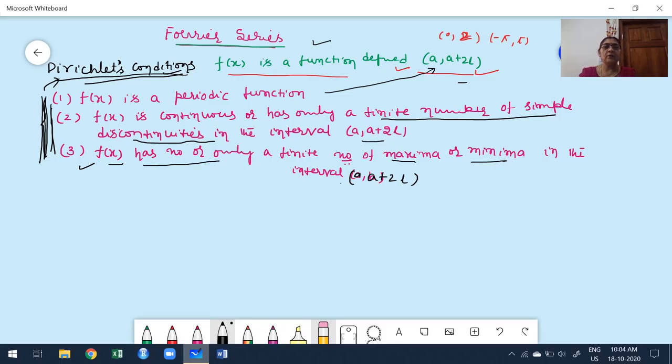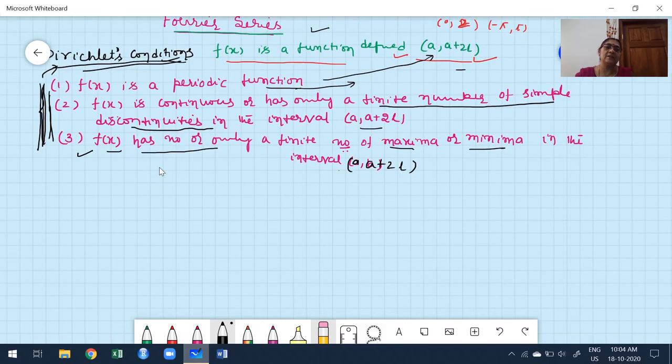I already told you in my previous class, whenever a function is not periodic, there we use Fourier transform instead of Fourier series. Now, I move to the next step. Don't confuse, this is a general definition of construction of Fourier series. These conditions must be satisfied, then only move to construct the Fourier series. But in your level, it is not necessary to verify these conditions.